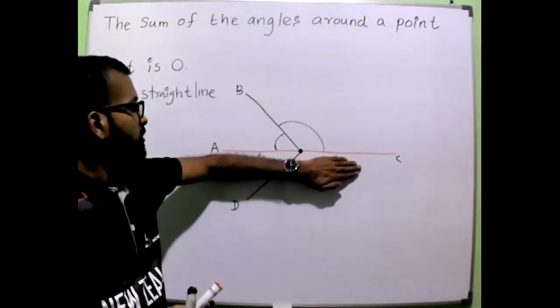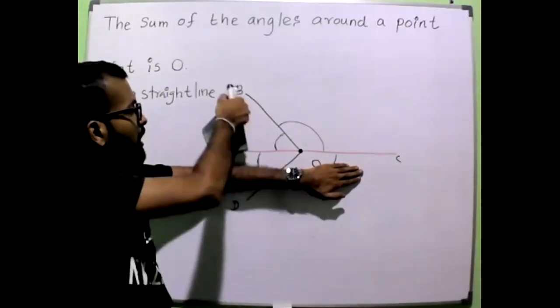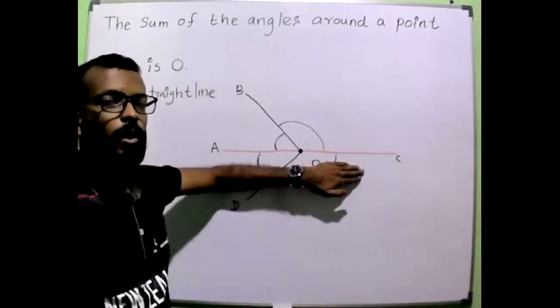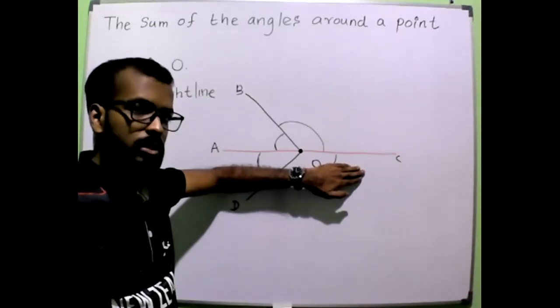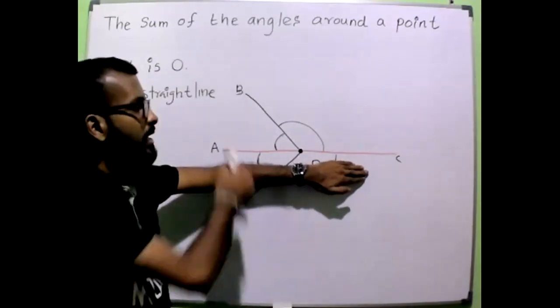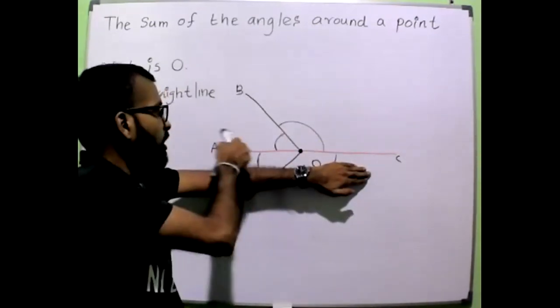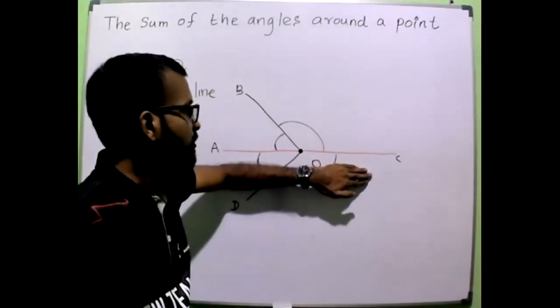If you consider the upper part, AOB angle plus BOC angle, adjacent angles on AC straight line, AOB plus BOC equals 180 degrees.